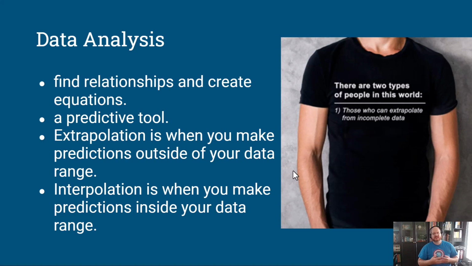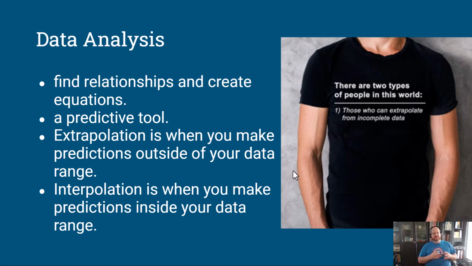When we're analyzing data, we want to find relationships to create equations, so we can use this as a predictive tool. Extrapolation is when you make predictions outside of your data range. If you are measuring how far something goes in a certain amount of time, you use your data to estimate how far it would go at a time interval that's greater than what you measured.